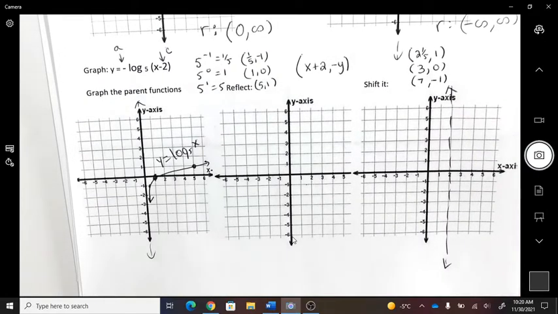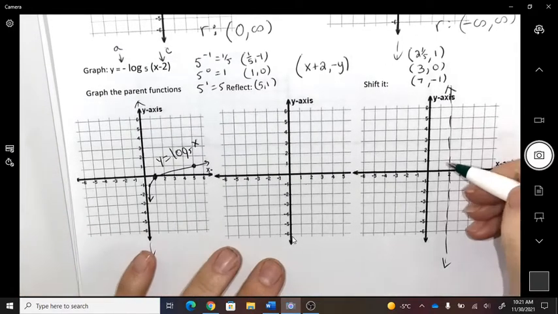Okay, so you're going to plot those 3 points, and let's see if it makes those things in our mind of the reflection and the shifting.